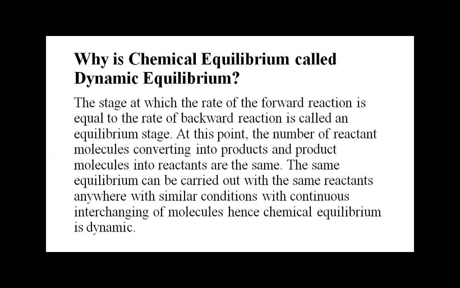At this point, the number of reactant molecules converting into product and the number of product molecules converting into reactants are the same. Students, the concentrations of reactant and product are not the same, but the number of molecules converting each way will be the same.